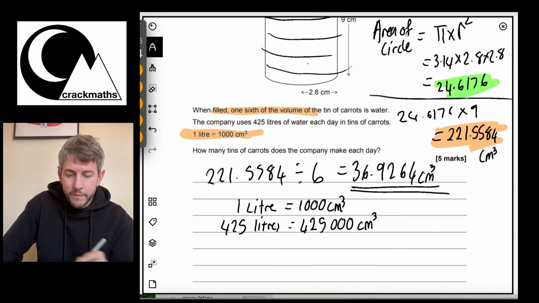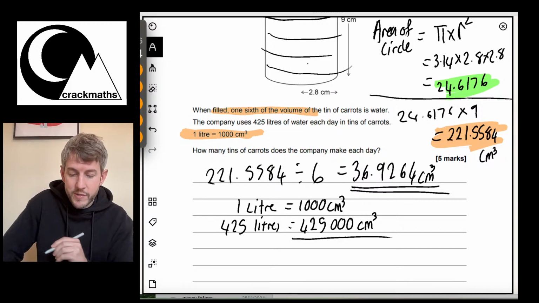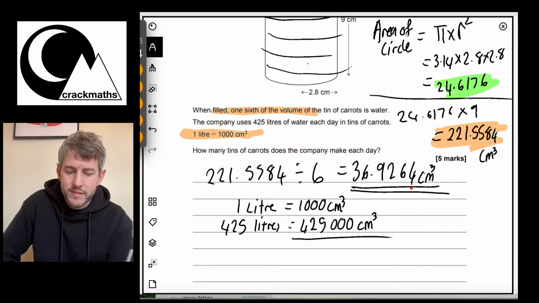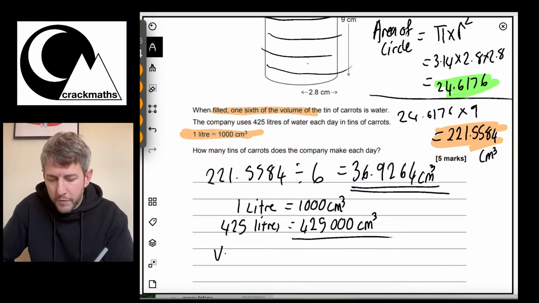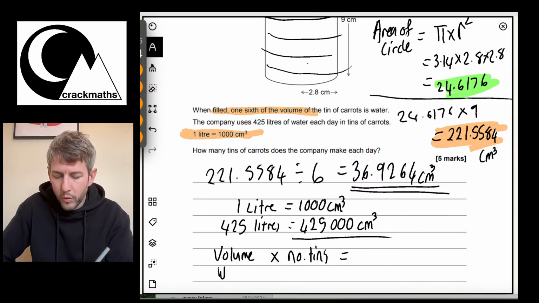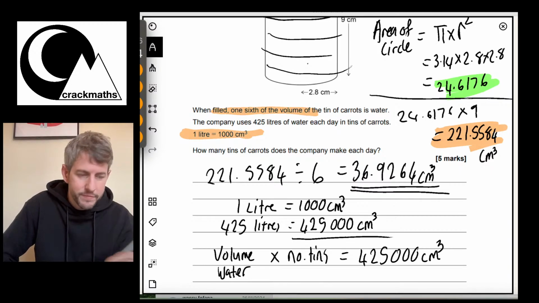Now, I know that is how much water they're using every day. I know that this is the volume of the tins. So the volume of water times the number of tins will equal 425,000 centimetres cubed.